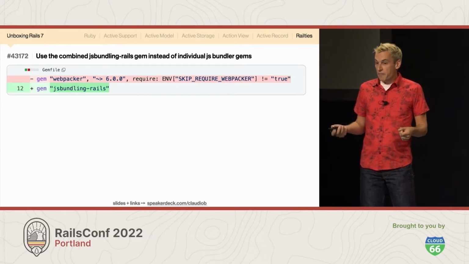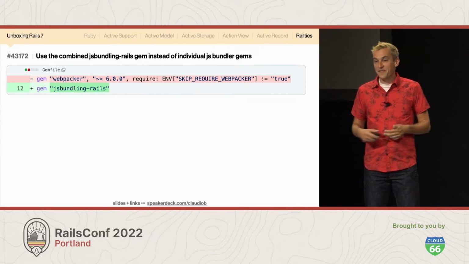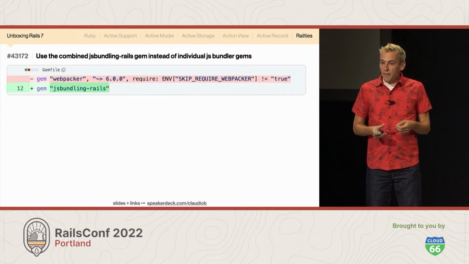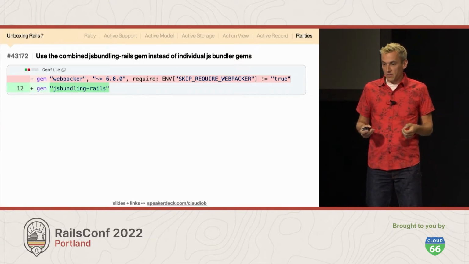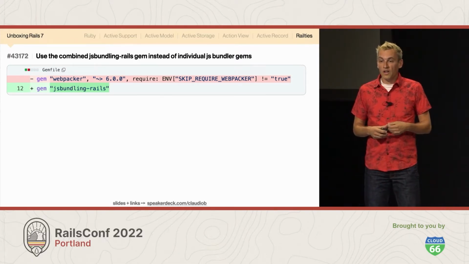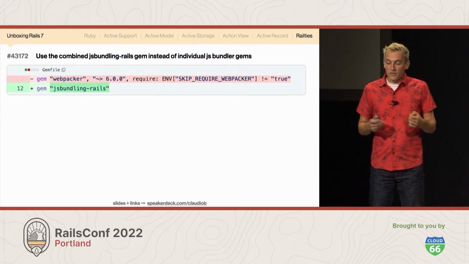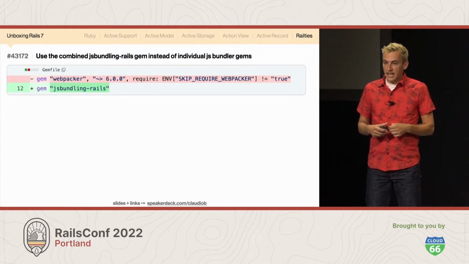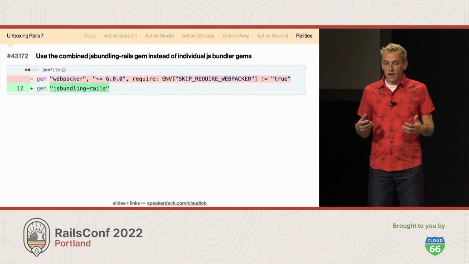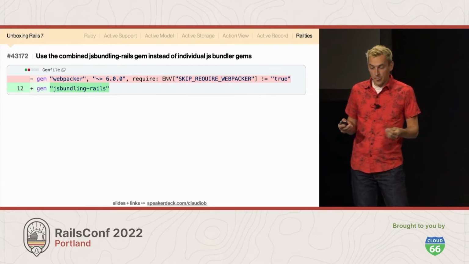Now, some years have passed, and you know that the JavaScript world evolves very rapidly, and Webpack is not the only solution anymore. There are other solutions that do similar things. There is one called ESBuild, and there is one called Rollup. So what Rails 7 is doing is saying, let's give the freedom to developers to choose whether they want to use Webpack or something else.